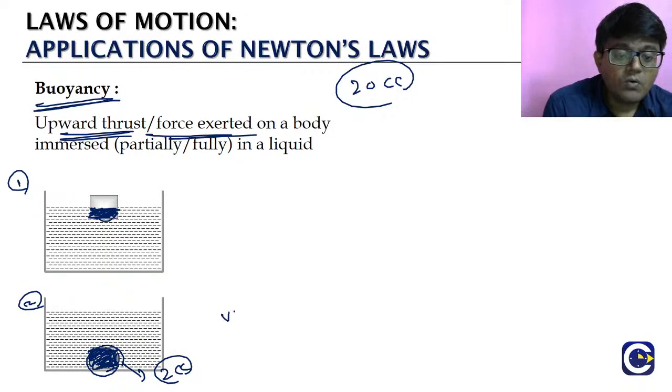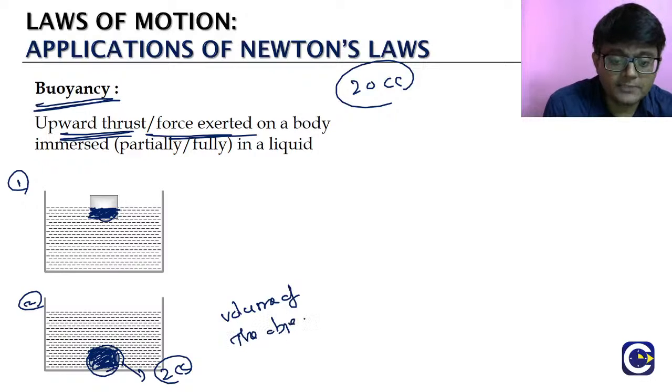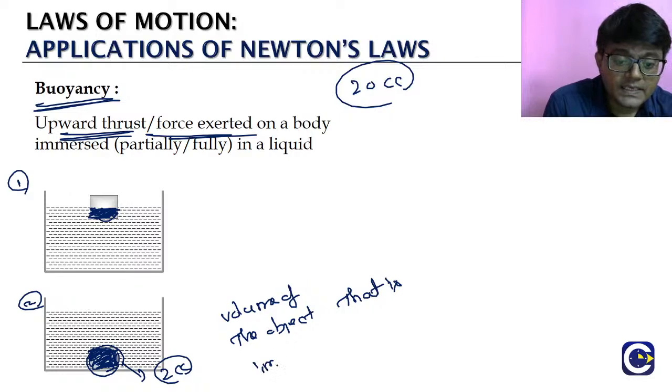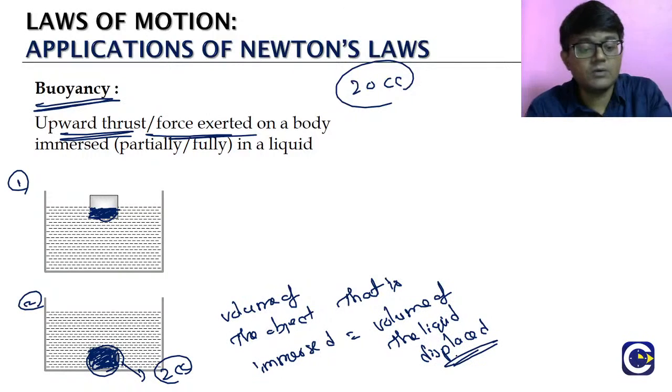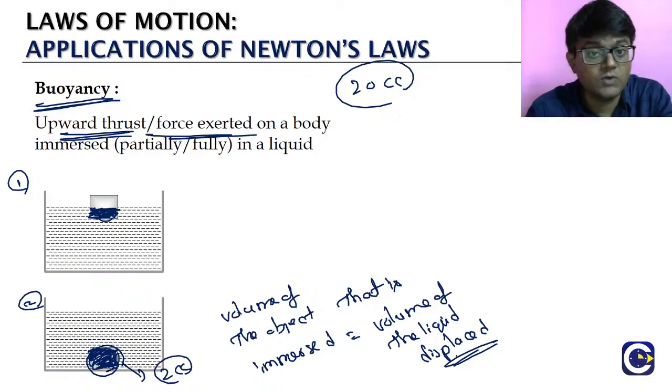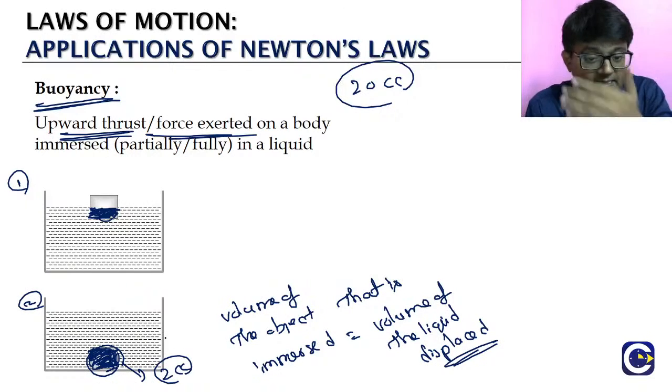Means the volume of the object that is immersed is equal to the volume of the liquid displaced. Whatever is the volume of the object, that much amount of the liquid is displaced.